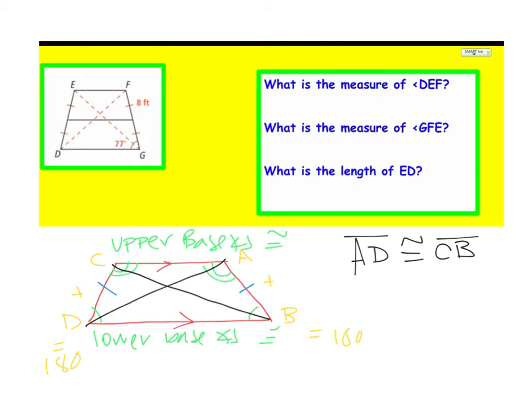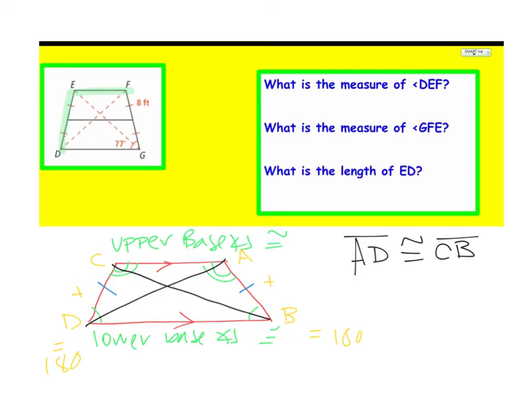So on this one, it asks for the measure of DEF. So let's find out, where is DEF? Here's DEF. And so I know that angle D is also 77 degrees because the lower base angles are congruent.